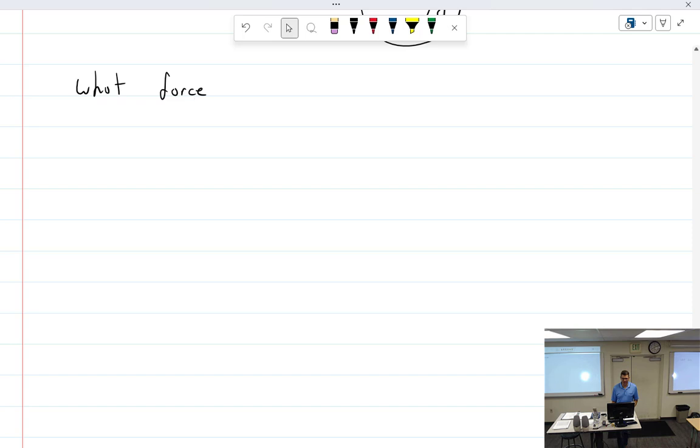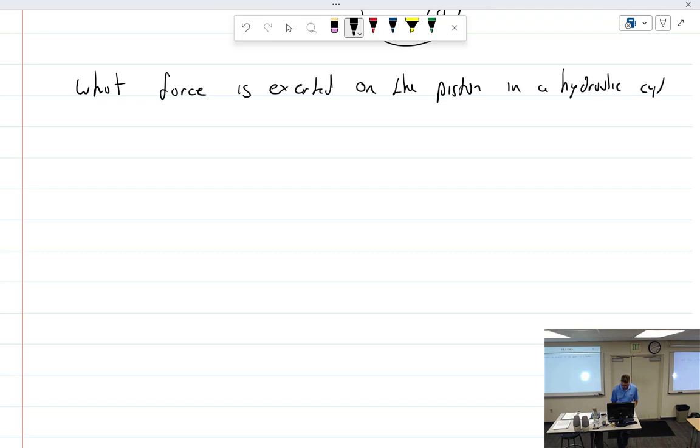What force is exerted on the piston in a hydraulic cylinder if the area of the piston is 1.2 square inches and the fluid pressure is 850 psi?